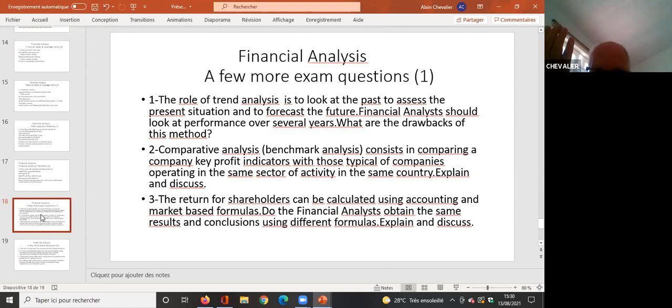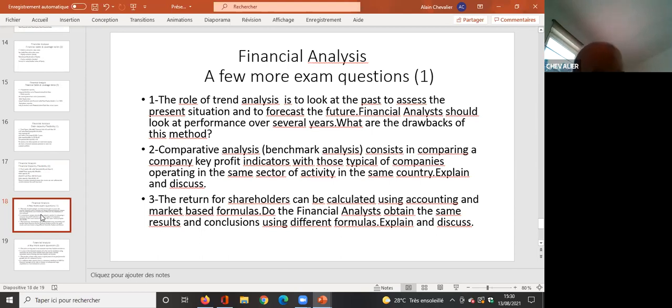It's easy to find. What do we do? We use the last three balance sheets and income statements. So that means today, perhaps 2020, 2019, 2018, if we already have 2020. And we expect to find a good forecast for 2021, 22, 23.